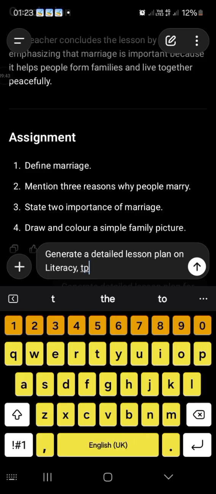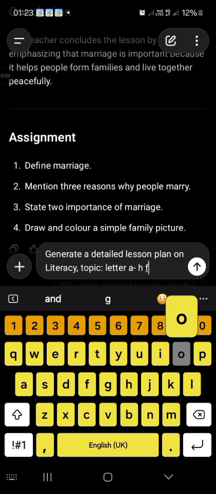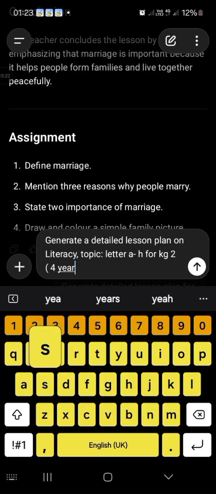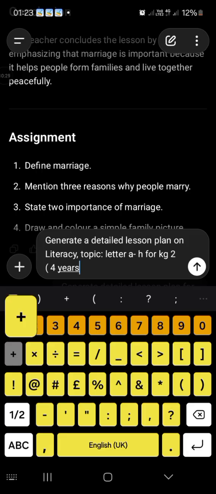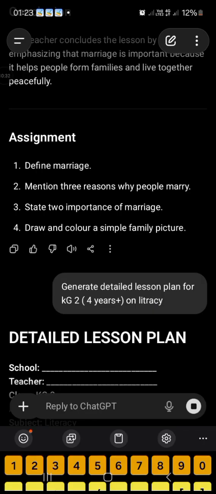Topic: letter A to H for KG2. I like putting my age in bracket, 4 years plus. And I close my bracket. Let's see what AI will give.